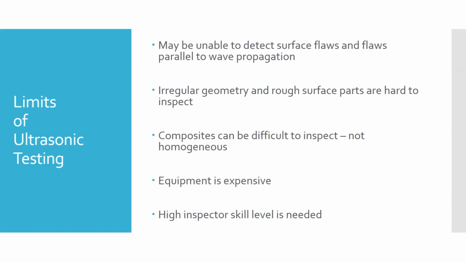This is electrical, precision equipment, and it has to be calibrated, so there is an expense there. And then there's the skill level: the inspector requires a greater degree of training and experience, hands-on time with the equipment, than some of these other methods to get really good at it and to be able to do it consistently.